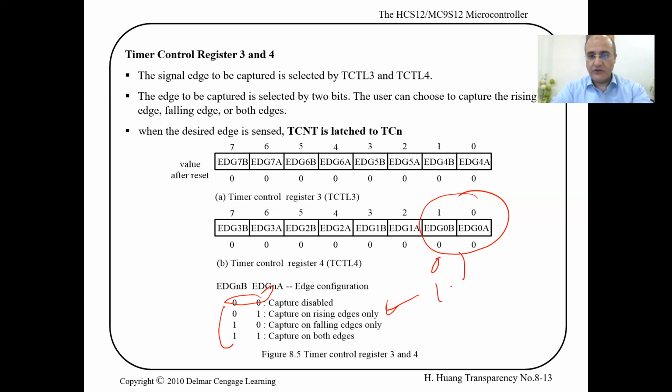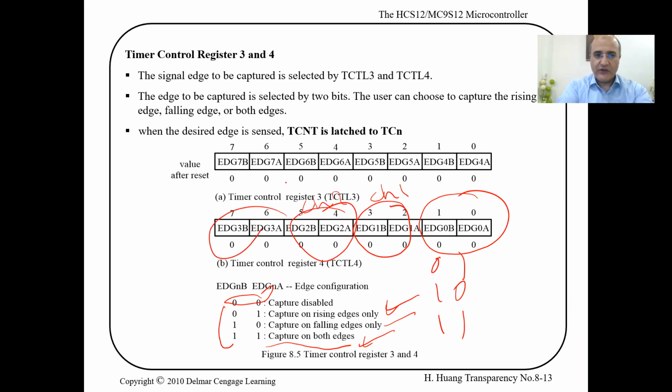If you write 1, 0, you're capturing the TCNT counter value on a falling edge. If you write 1, 1, then on either rising or falling, you're going to capture on both edges. The other 2 bits are for channel 1. The other 2 bits are for channel 2. And so on. Because each channel has 2 bits to be configured, and we have 8 channels, we need two 16-bit registers, TCTL4 and 3.